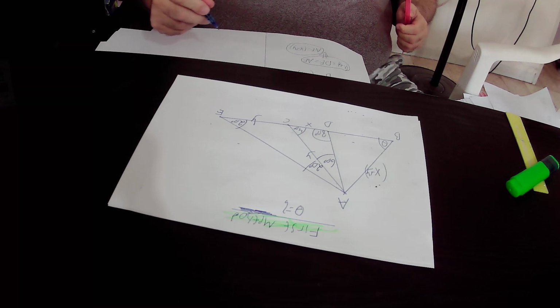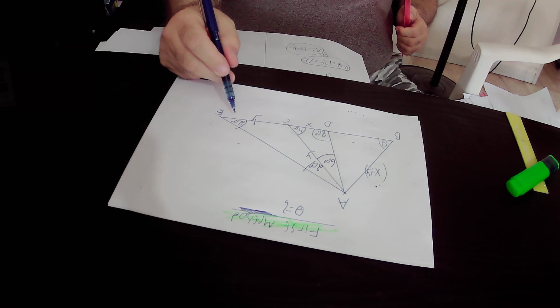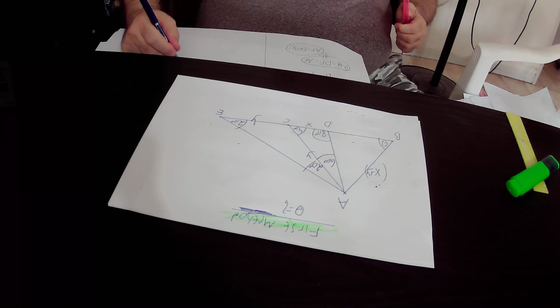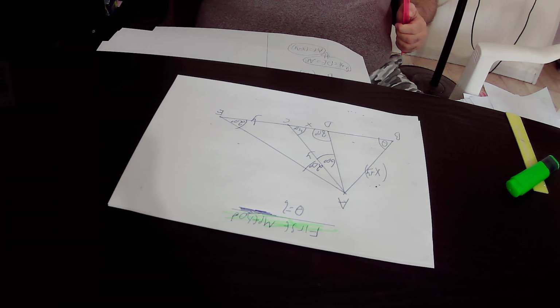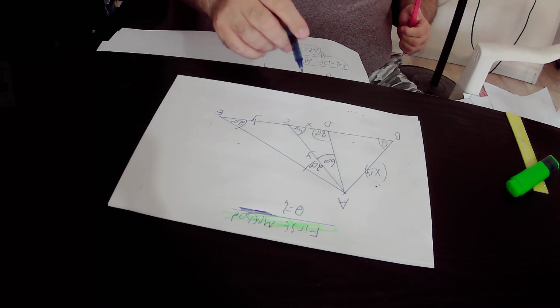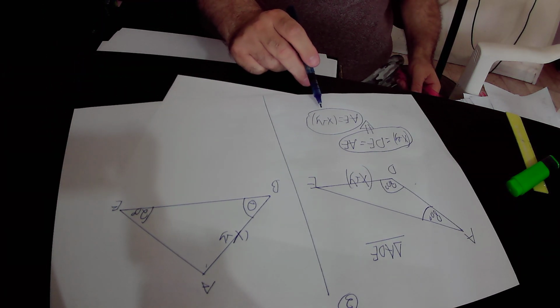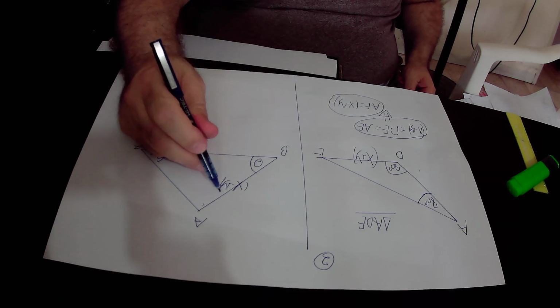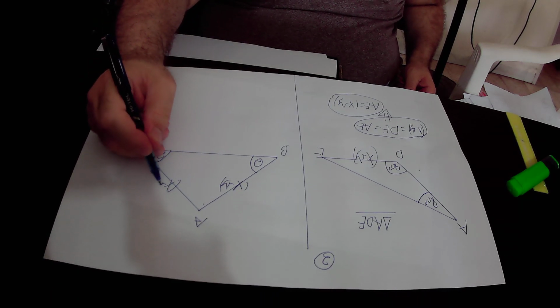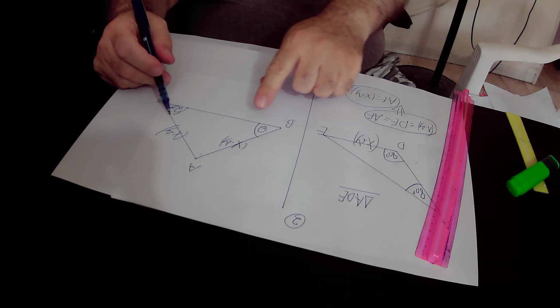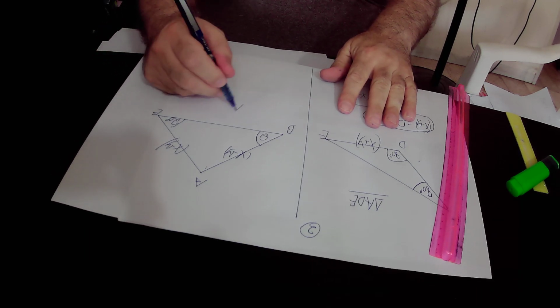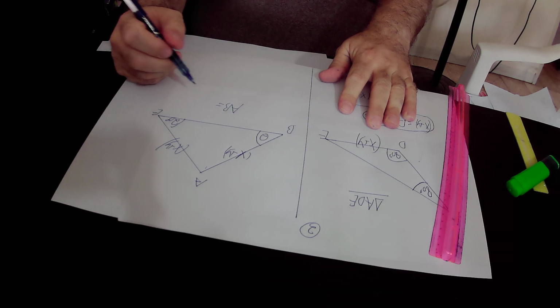That is the angle that we are looking for. Angle AEB equals 20 degrees, according to what we have already found out. And here we just right now found out that side AE equals x plus y. So those two sides are both equal to x plus y, therefore they are equal to each other. So side AB equals side AE.